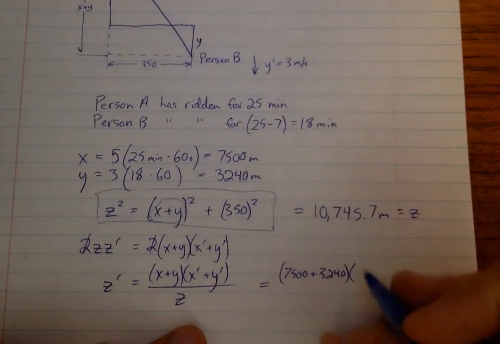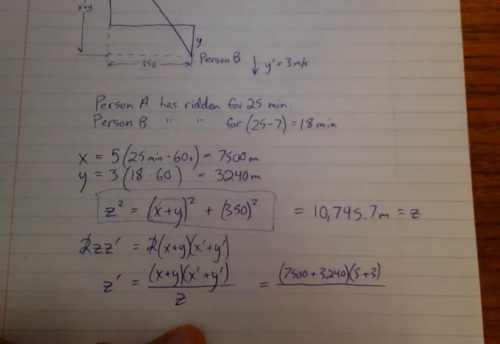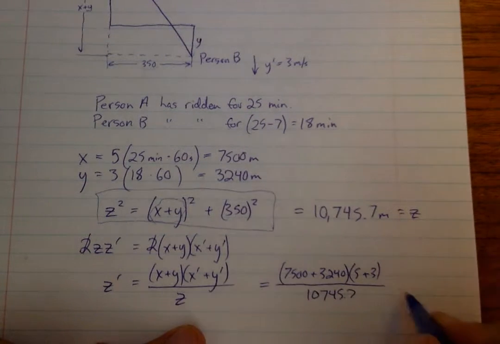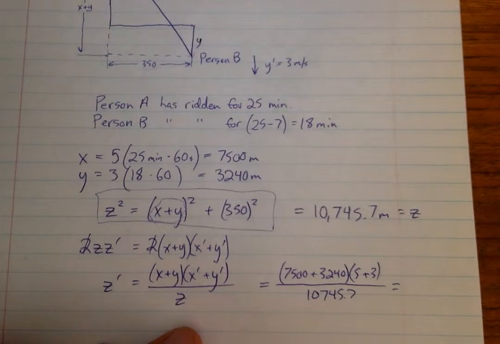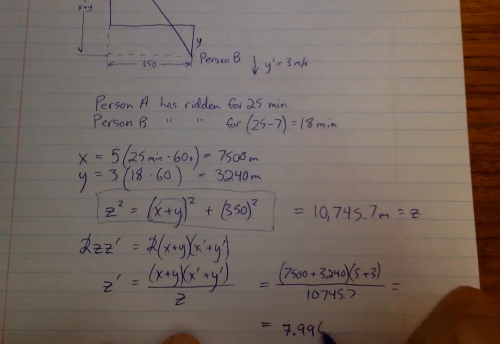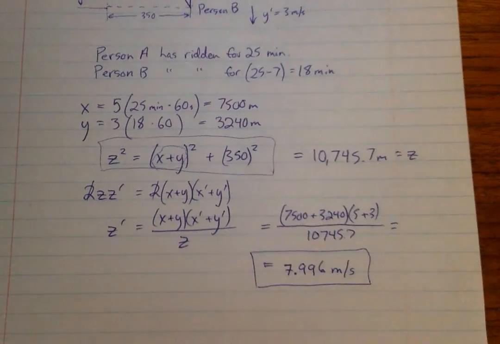The x prime and y prime were 5 plus 3. Then what was our z? 10,745.7. And that gives us, what is it? 7.996 meters per second. That's how fast their separation is increasing.